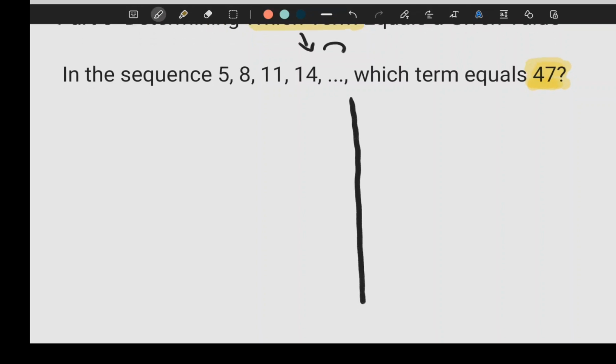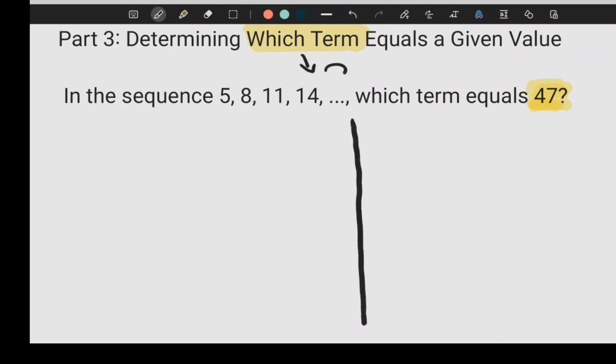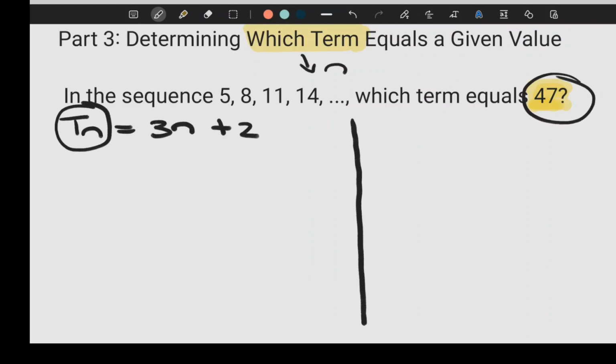So method number 1, I'm splitting the page in two parts again. I write the general term down that I worked out. This Tn, I'm going to make it equal to this 47. So now I say 47 is equal to 3n plus 2. And now I do algebra by isolating n. So I get n by itself.